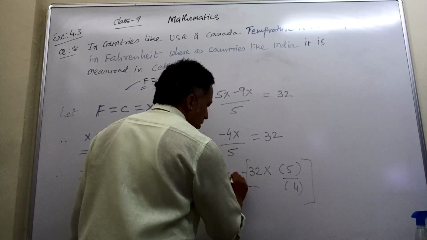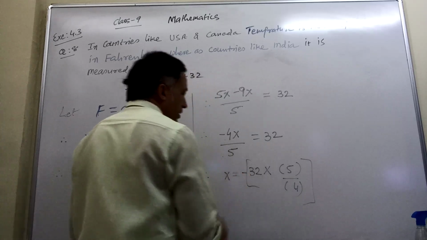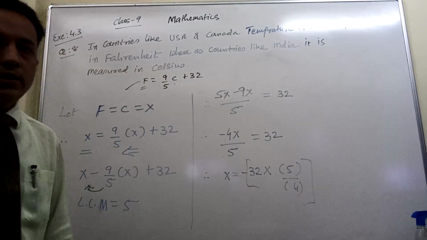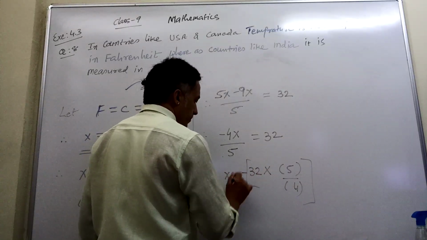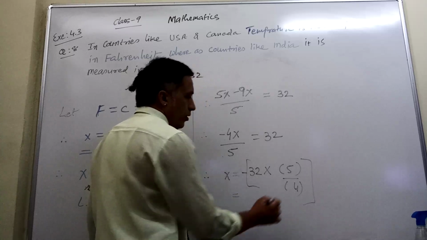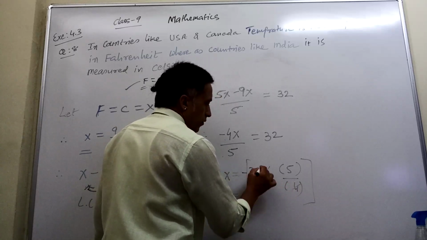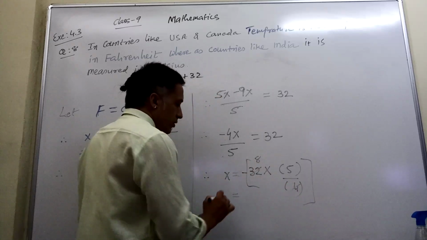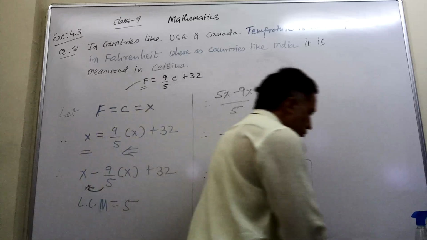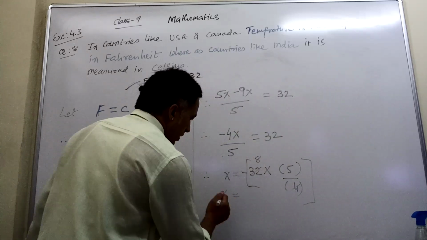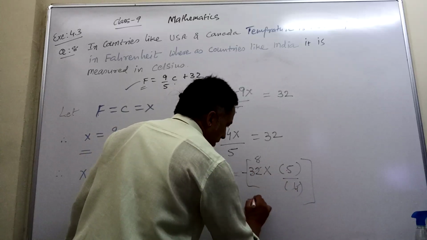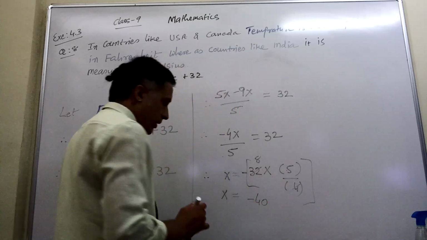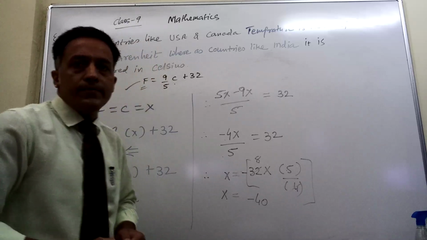So X is equal to minus 32 multiplied by 5 upon 4. Now when I cancel, 4 8s are 32, so I will have X is equal to 8 5s are 40. So my final answer would be X is equal to minus 40.